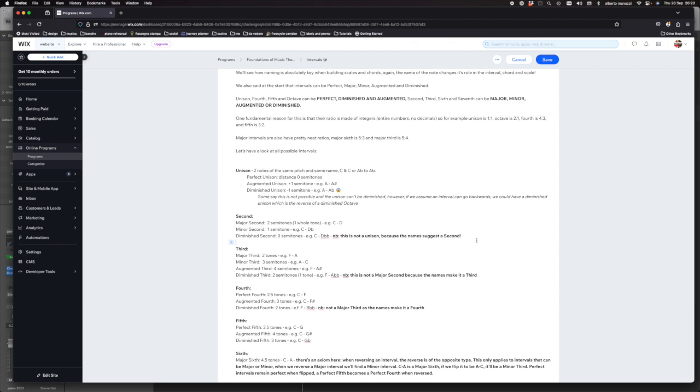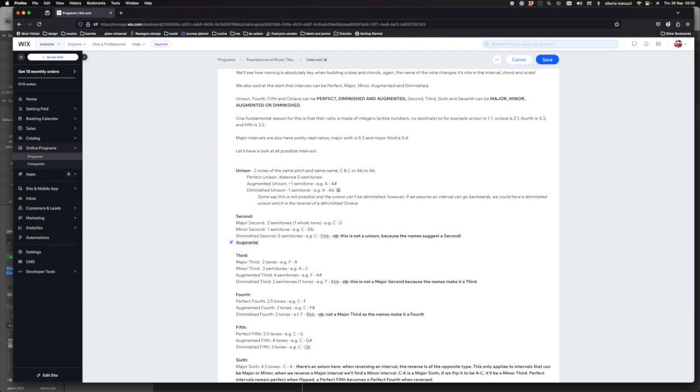And I forgot to add augmented seconds. There you go. Augmented second will be what? A semitone bigger than major. So 3 semitones.